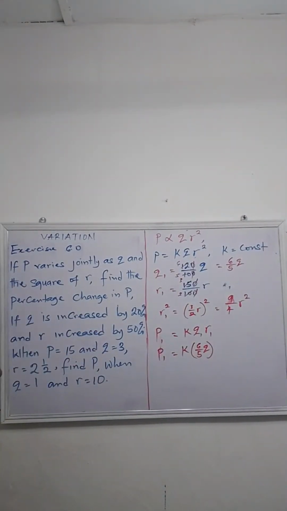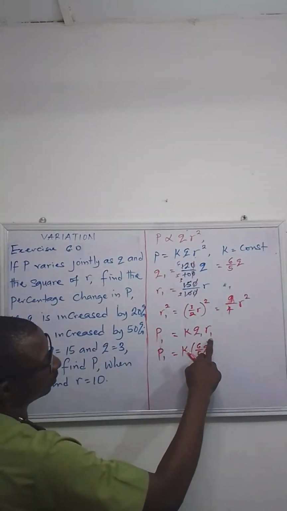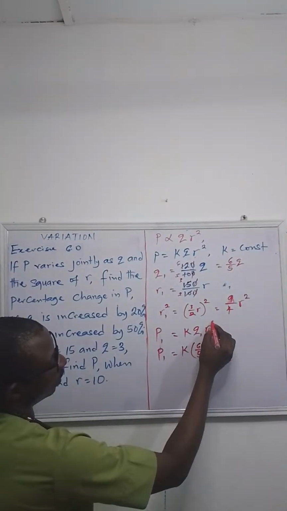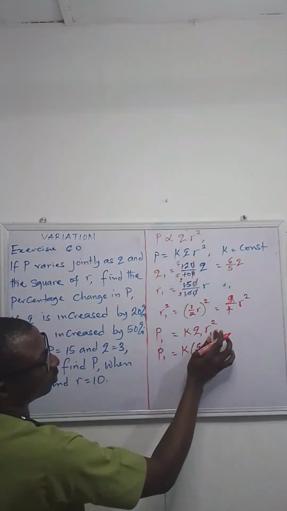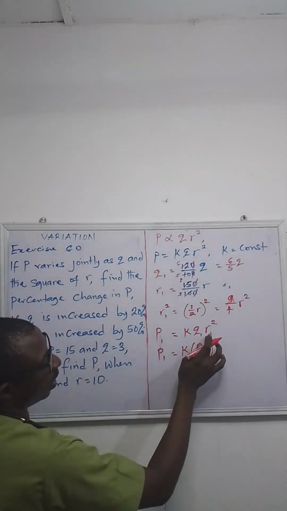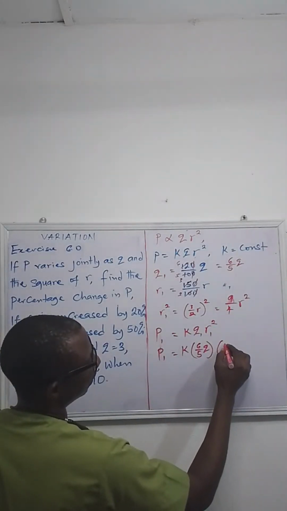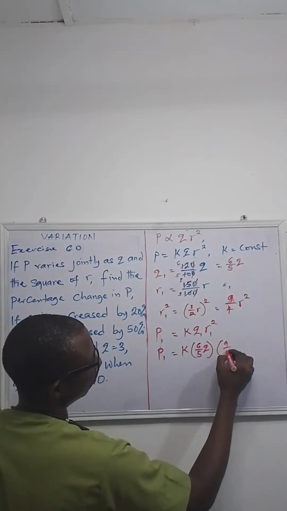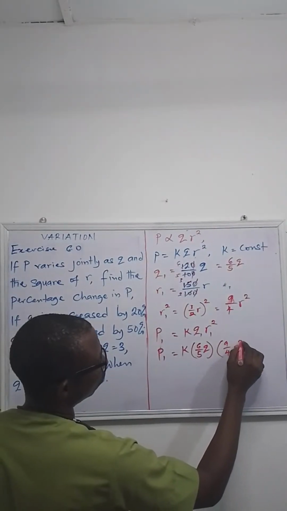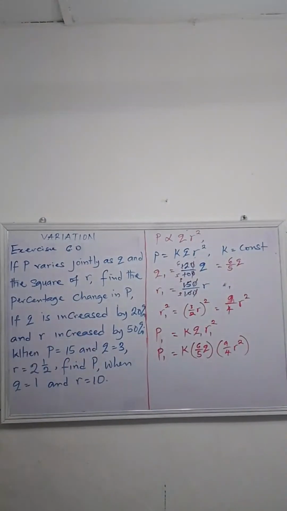Now let's look at R1. This one's supposed to have a square, so R1 squared is 9 over 4 R squared. Now let's tidy up.